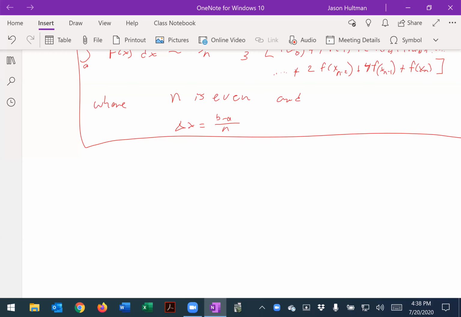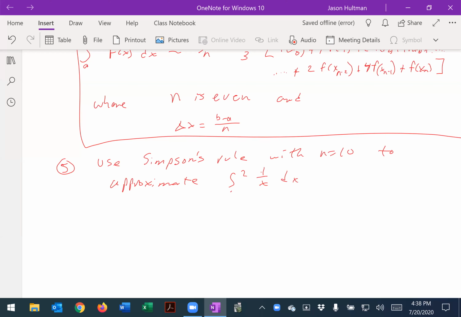Okay, so number 5 here, let's use Simpson's rule with n equals 10 to approximate the integral from 1 to 2 of 1 over x dx.